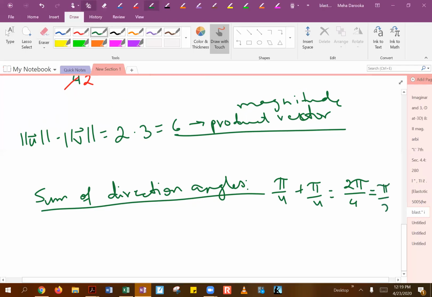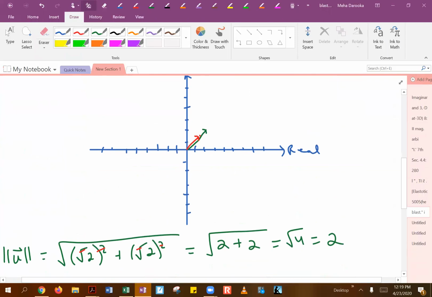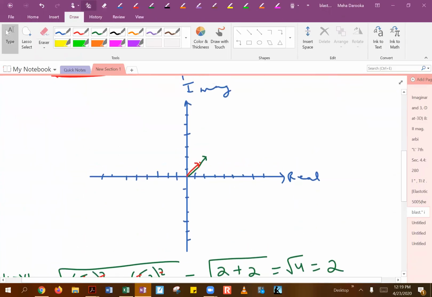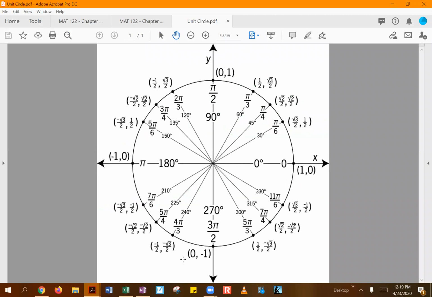And pi halves is going in which direction? Just going up. Yeah, because it's the 90-degree direction, right?